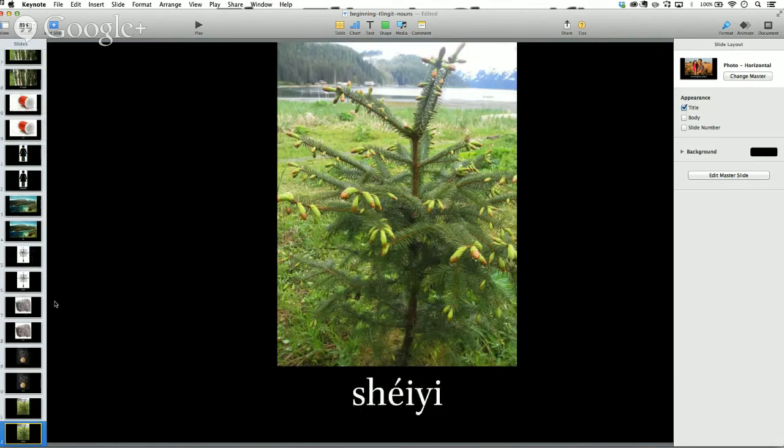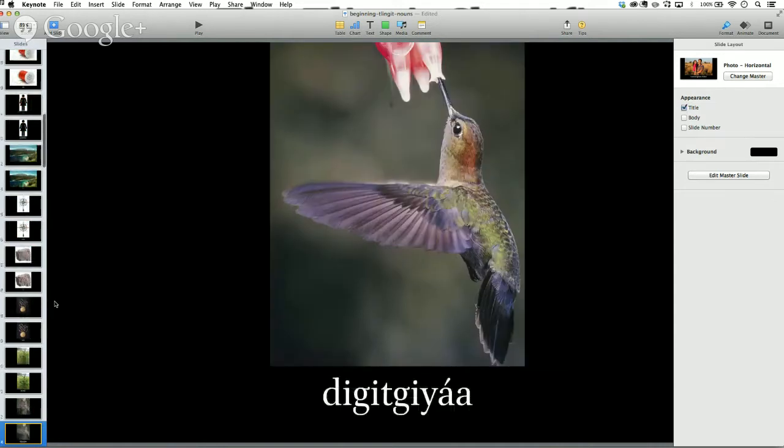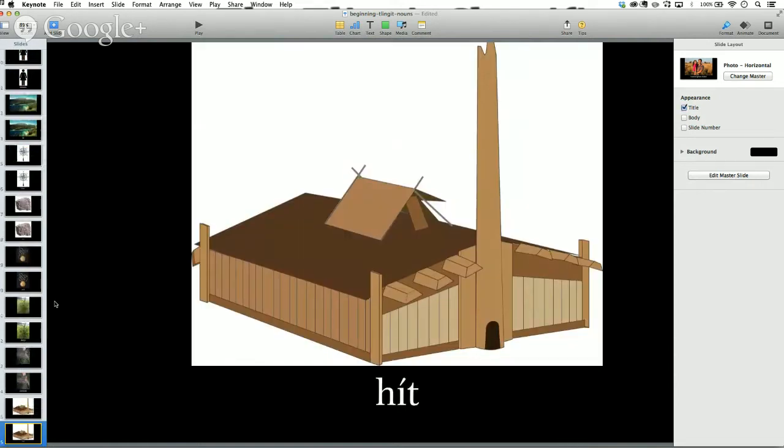Shaggy. Shaggy. Dasaway. Shaggy away. Tikitkiya. Tikitkiya. Dasaway. Tikitkiya away. Hit. Hit. Dasaway. Hit away.